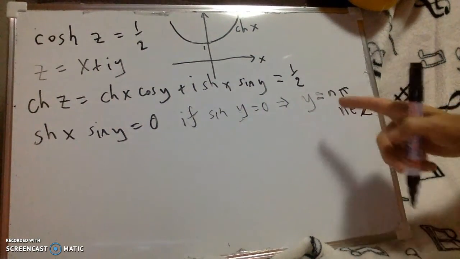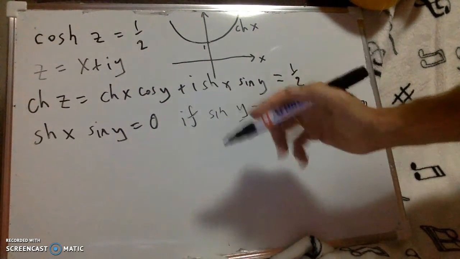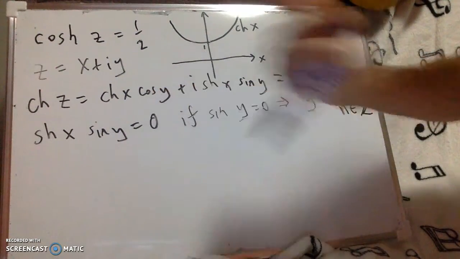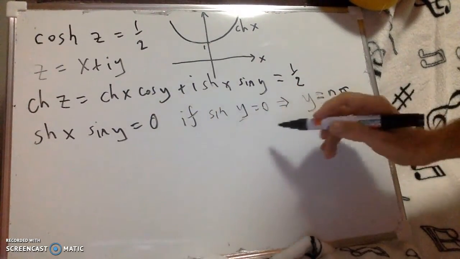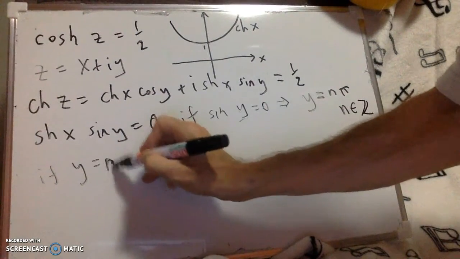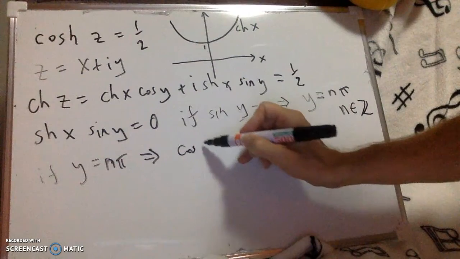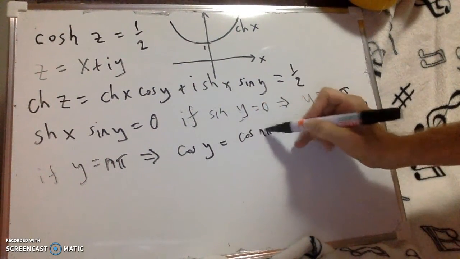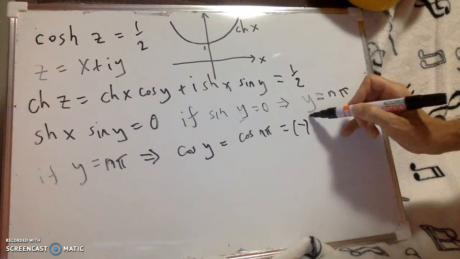So if y equals n pi, what does that imply? Well, cos y is cos n pi, and cos n pi is equal to minus 1 to the n.